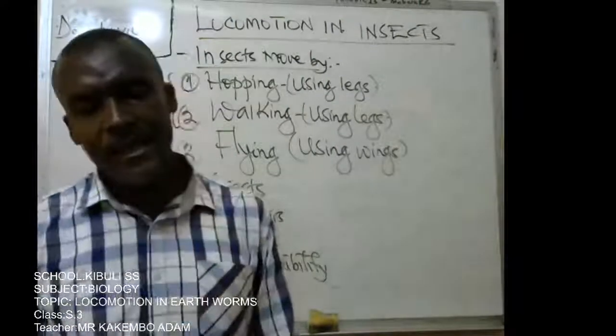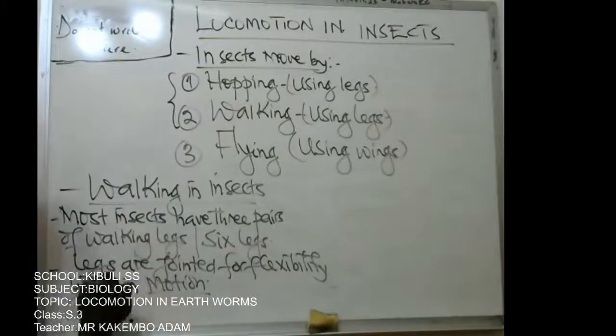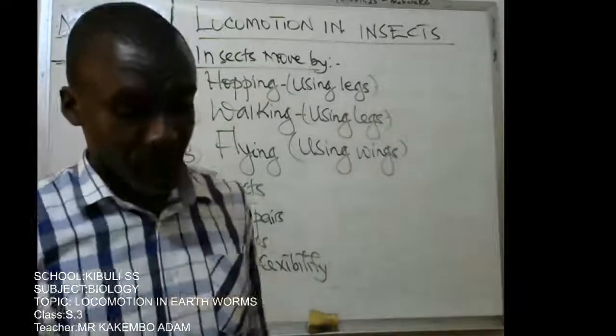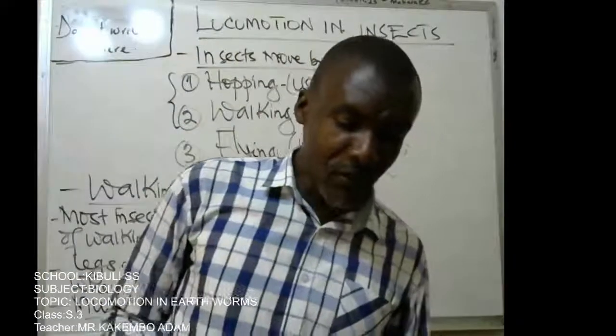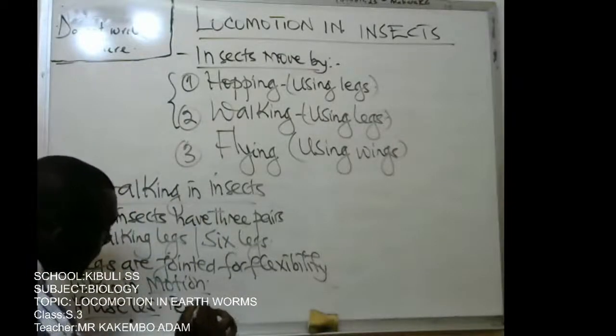They are jointed. They have muscles, right? So besides being jointed, the legs have a set of muscles: the flexor muscle and the extensor muscle.